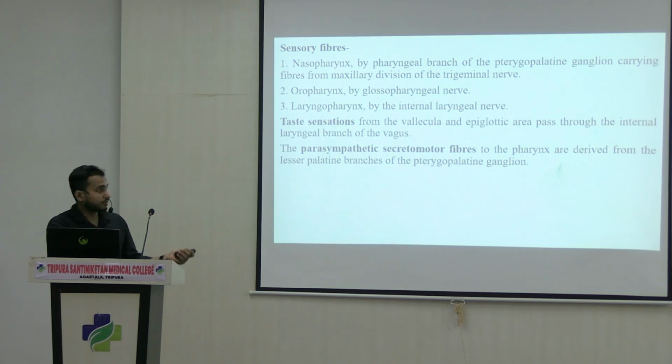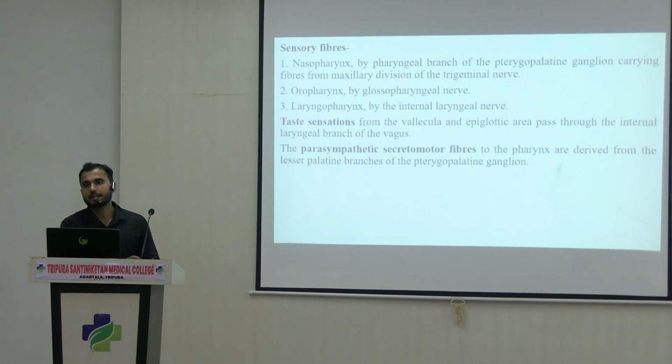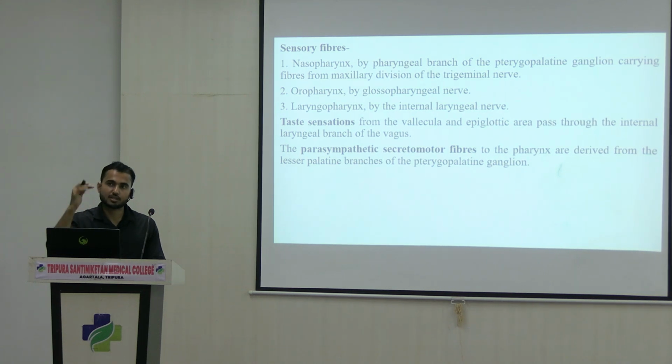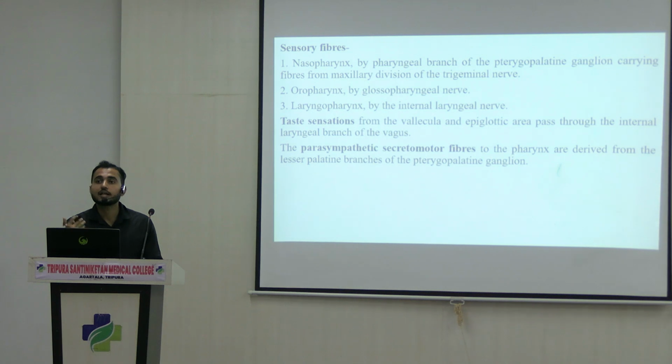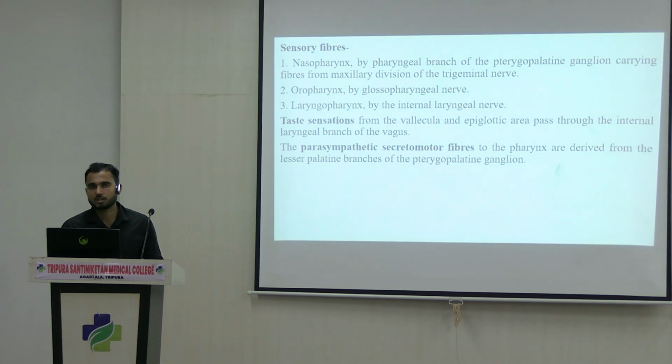Okay. Next, oropharynx by glossopharyngeal nerve and laryngopharynx by the internal laryngeal nerve. So three divisions of pharynx we have discussed: nasopharynx, oropharynx, laryngopharynx. तीनों का जो general sensation है, the nerves are different. Okay. For nasopharynx, as I have said, the branches are coming from the maxillary division of the trigeminal nerve.